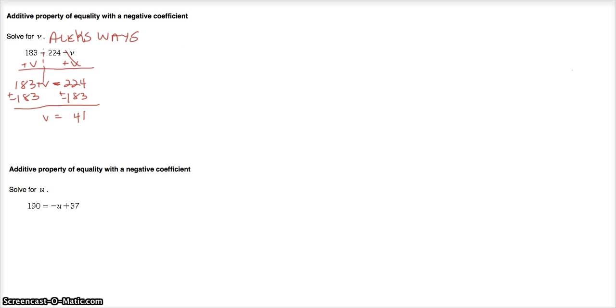Mr. McAllister's way is a little different, because we're going to actually apply both steps. So we have 183 equals 224 minus v.